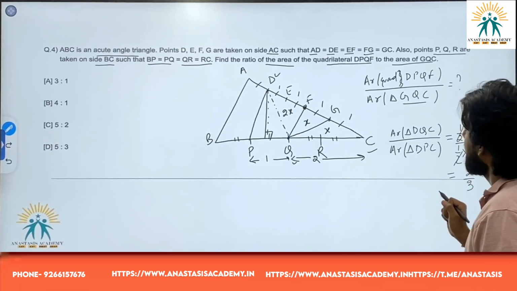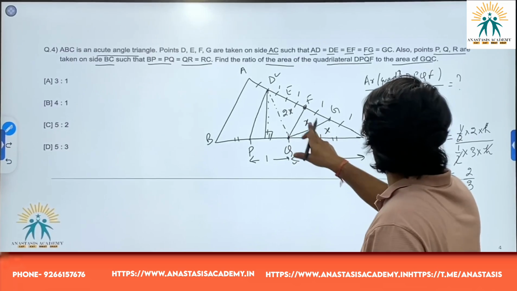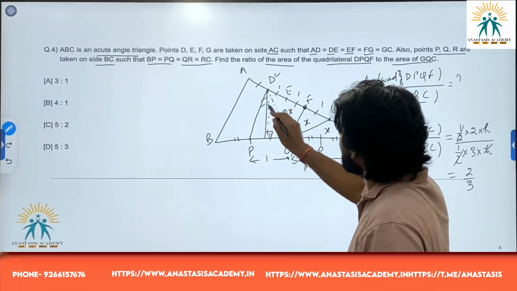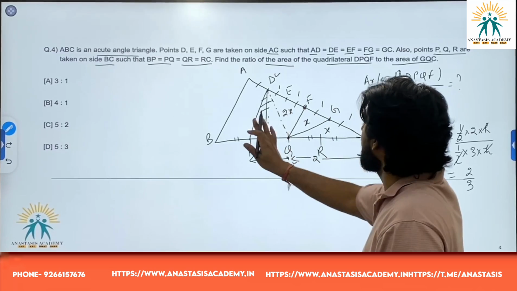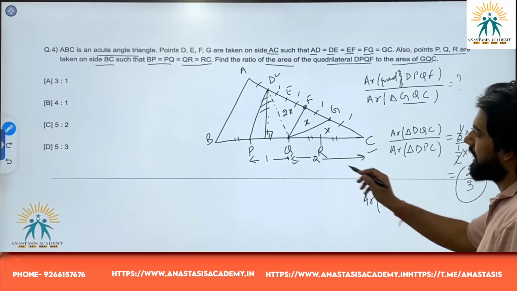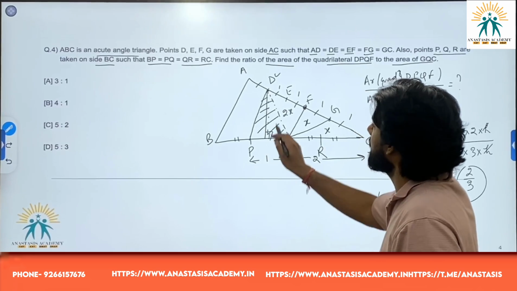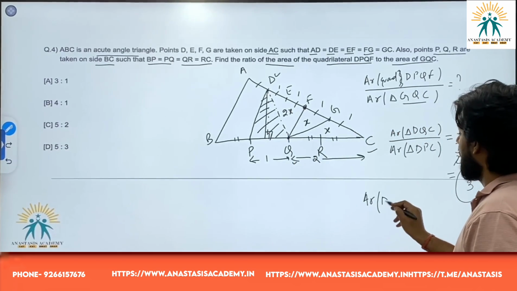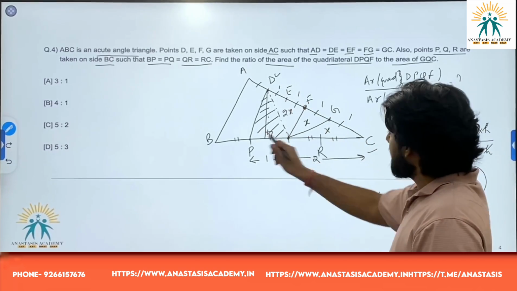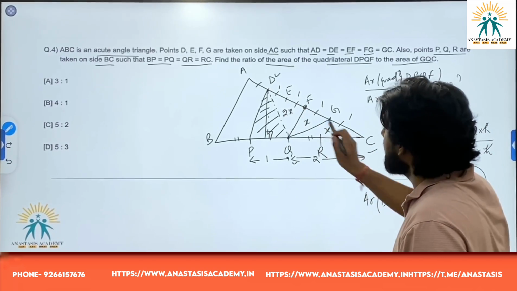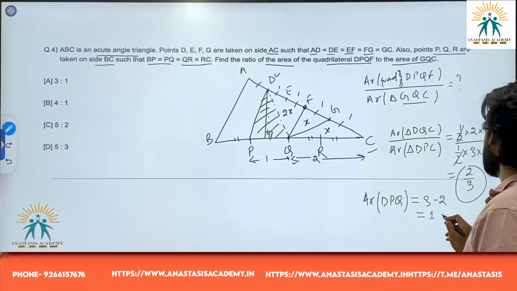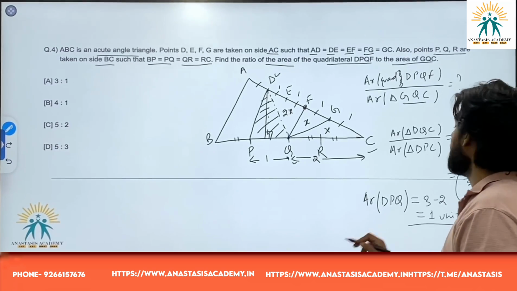So I can say the area of this triangle DQC is 2 and this whole triangle is 3. So area of the remaining smaller triangle DPQ will be area DPC minus area DQC, that is 3 minus 2, or 1 unit.